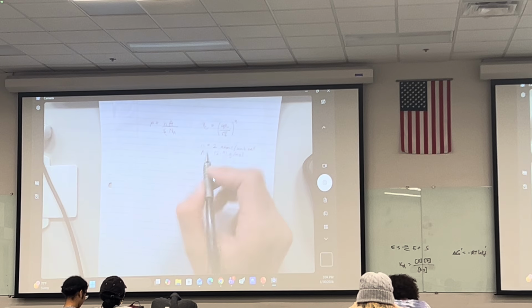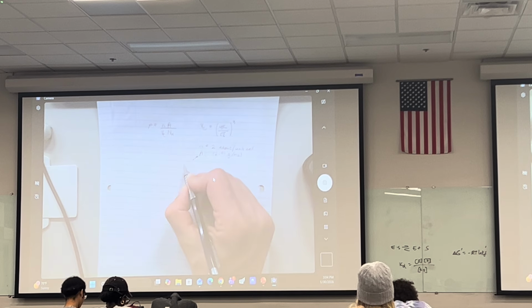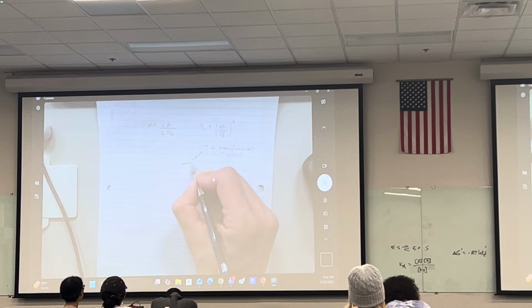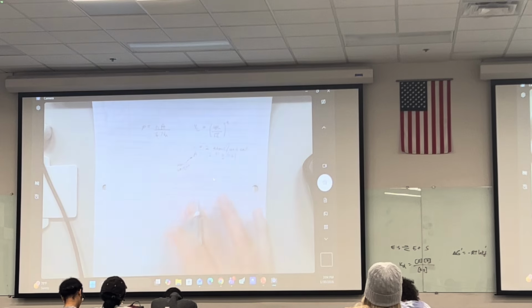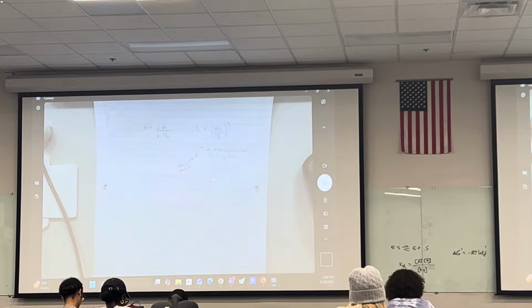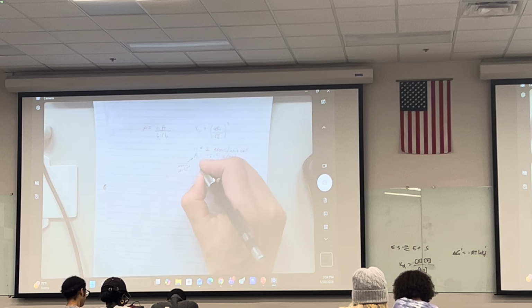So basically this A is your atomic weight. And then we know what that is, and our N_A is supposed to be Avogadro's number.